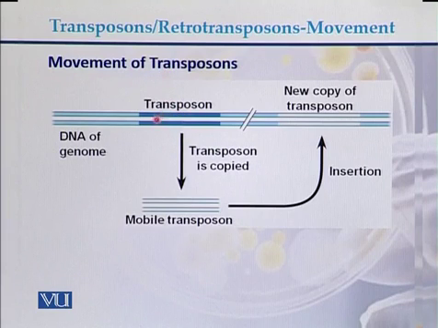Here is the transposon, and if this DNA sequence, that is a mobile DNA sequence, or mobile transposon, moves as a segment of DNA from one location to another location, or is inserted into another location of the genome, then it is called a transposon. Means in the case of transposons, the intermediate is DNA. DNA moves from one location to another location of the genome.